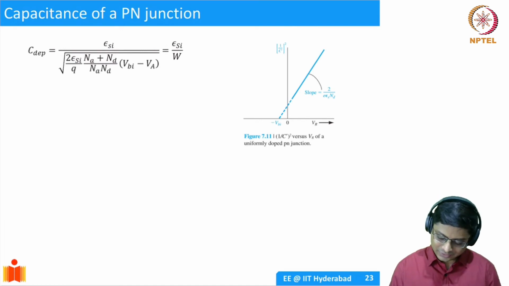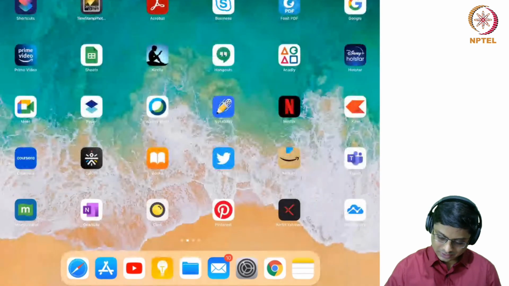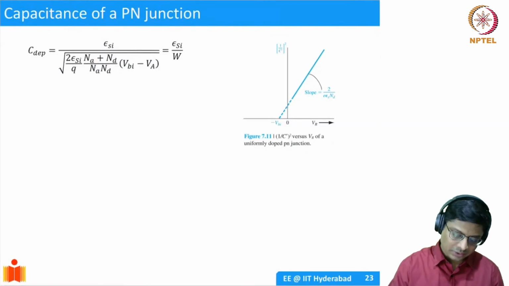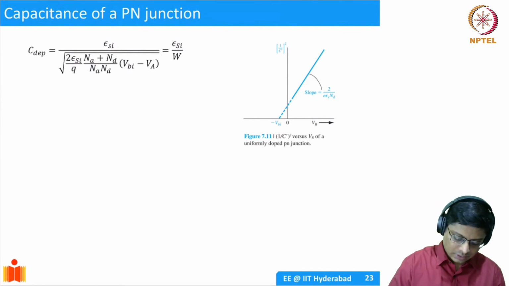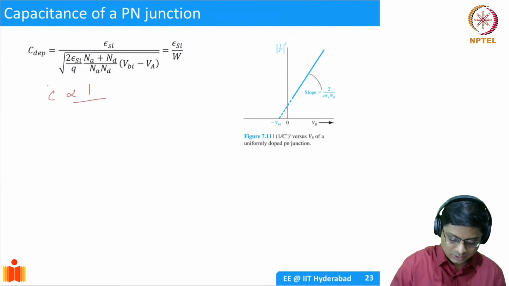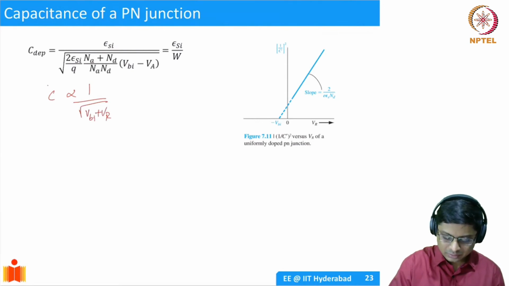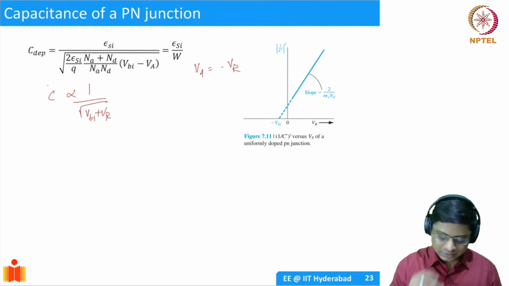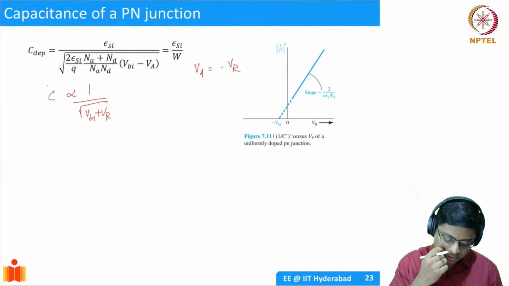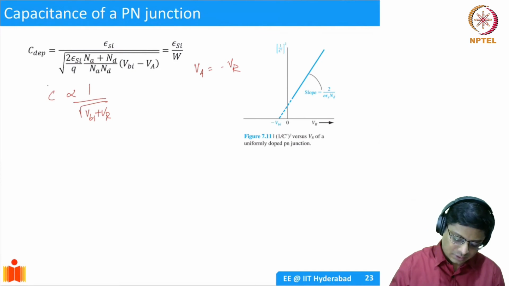One of the important points is, if I look at capacitance, as I said just a moment back, it is 1 over root of voltage. If I write VA equal to minus VR, I'm applying reverse bias. That's all I want to make explicitly clear. Then I can compute 1 over C depletion square.